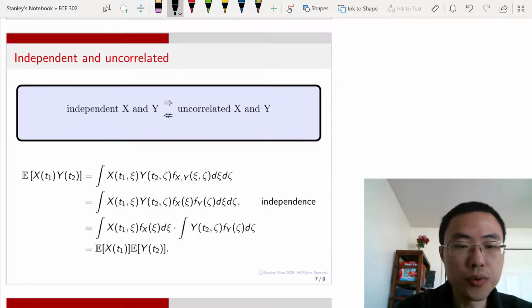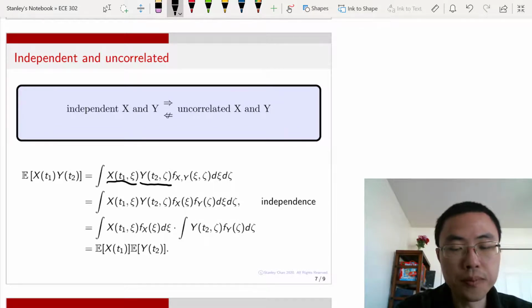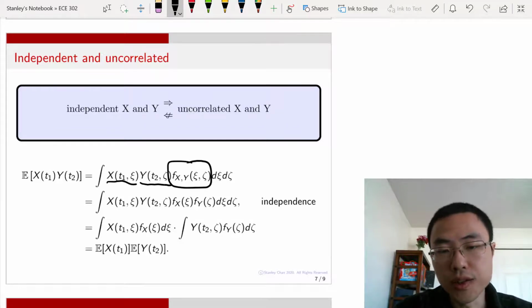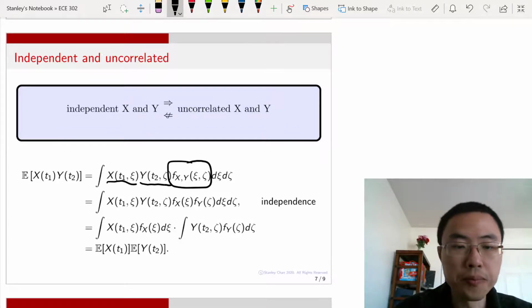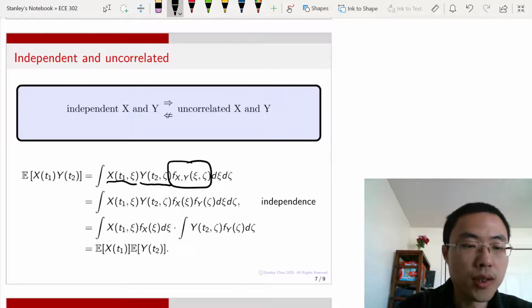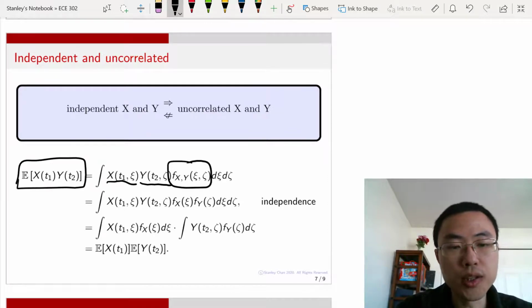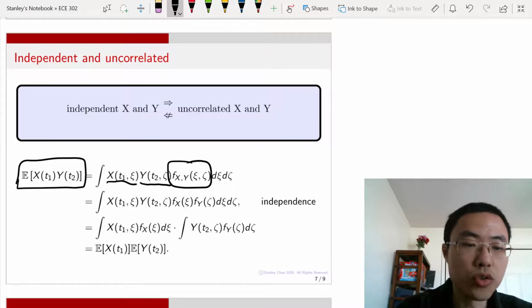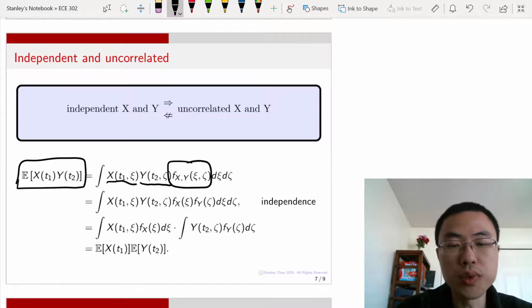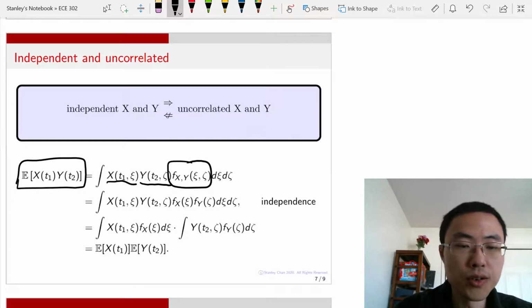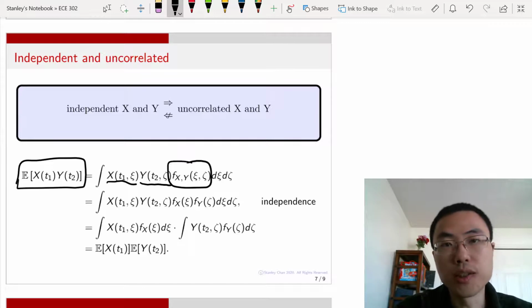If you have two random processes, x and y, with their own random indexes, psi and zeta, the way we define this joint expectation is to take x at t1 and y at t2 as two different random variables. You can take the joint expectation by putting in the joint PDF. This is the way we compute the joint expectation.